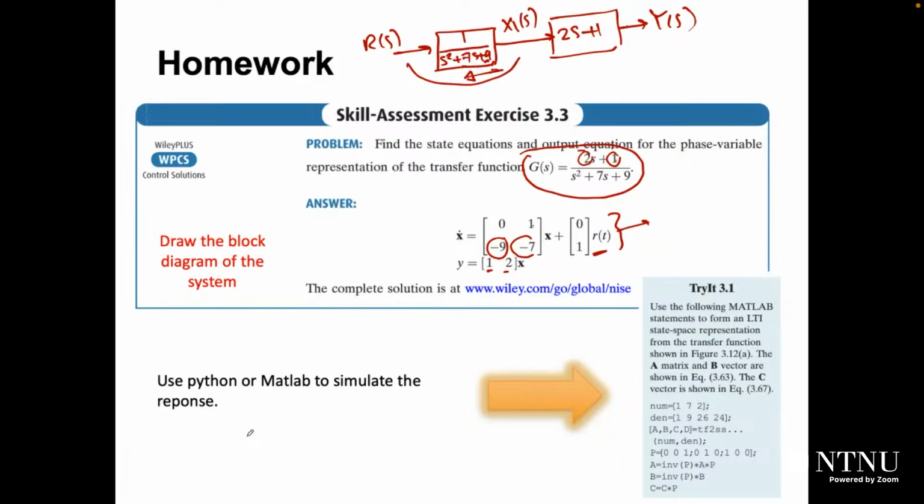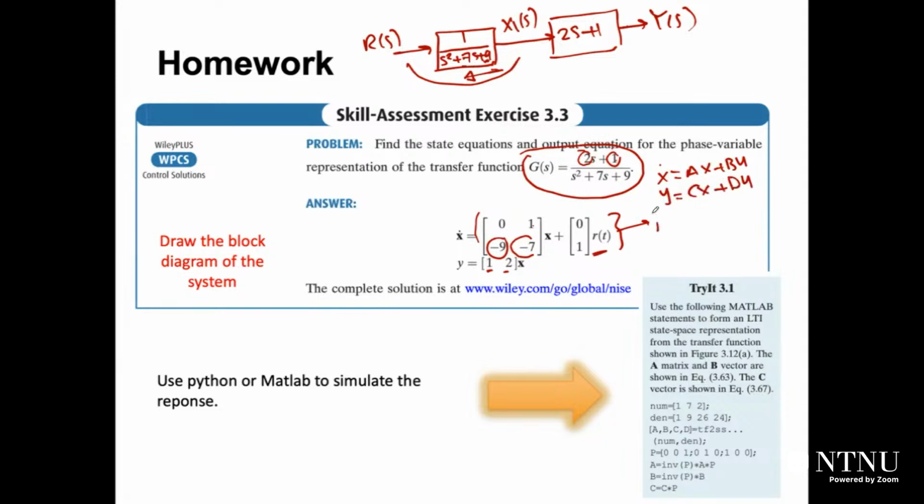And after solving it, we found that this is system matrix A, this is B, this is C, and we also have D equals 0, right? So we will get matrices A, B, C, D, from x dot equals AX plus BU, Y equals CX plus DU.